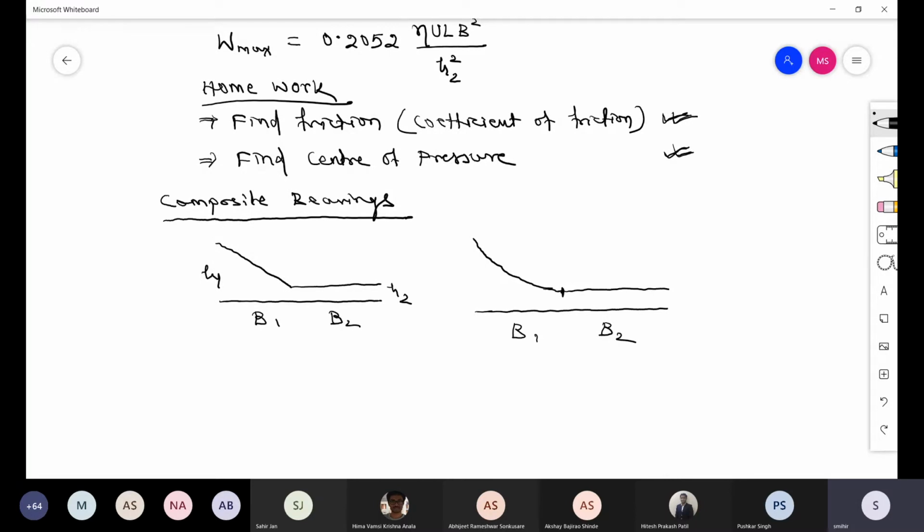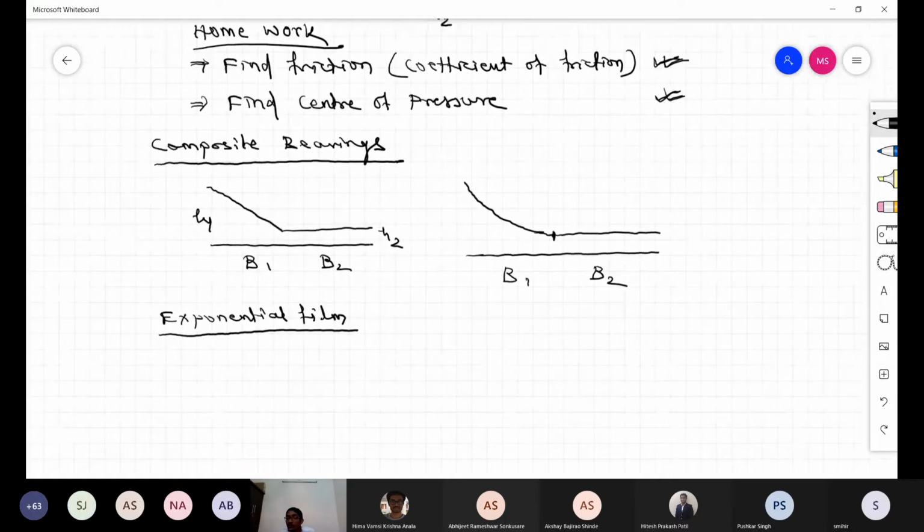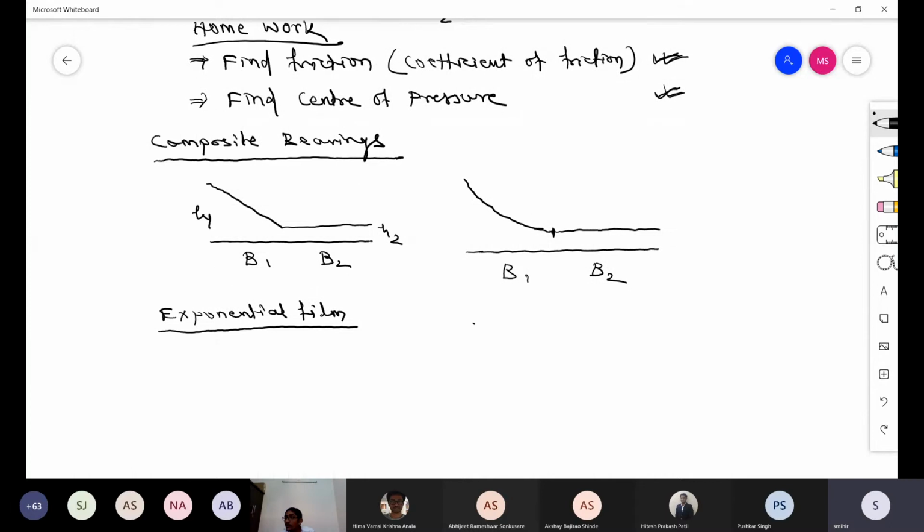But this exponential is interesting. Let us see how to find out the pressure distribution in case of exponential films. So exponential bearing is kind of like this.